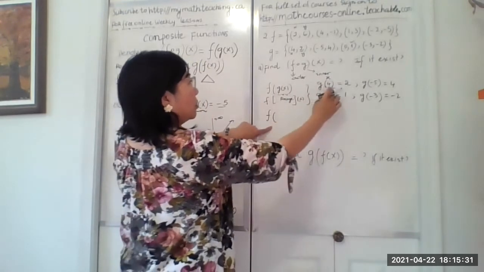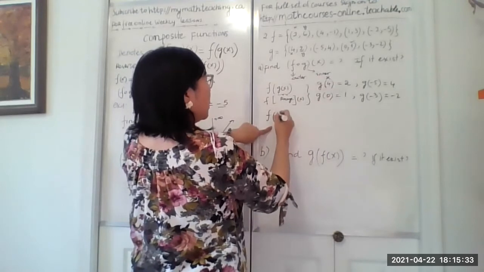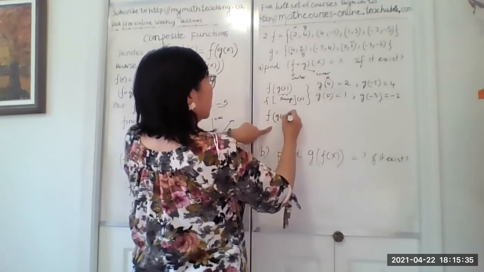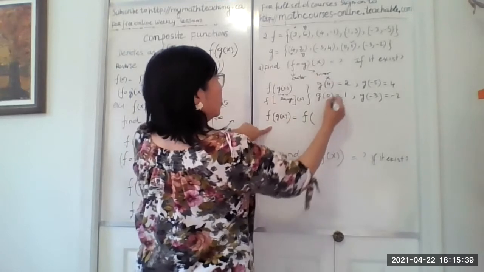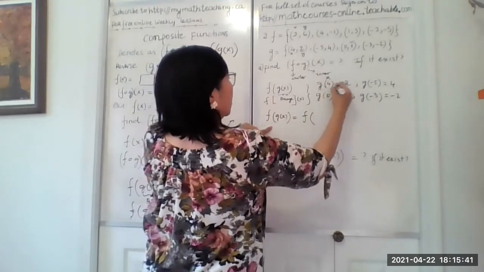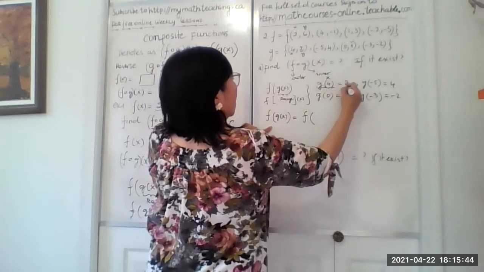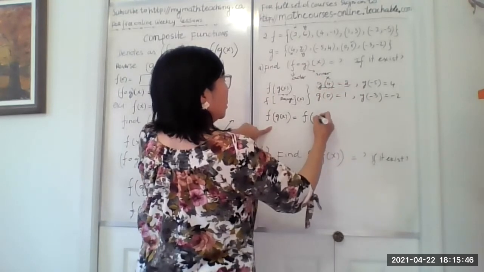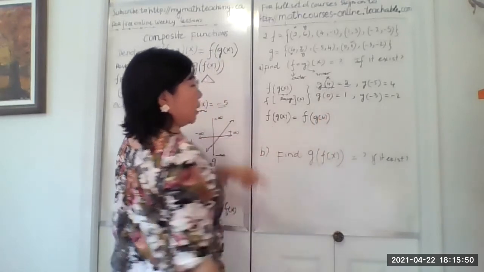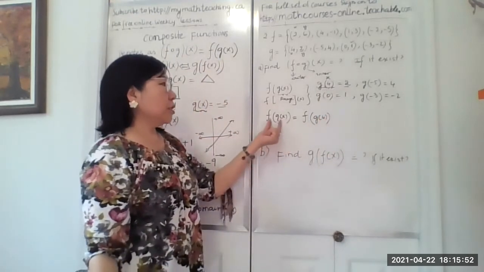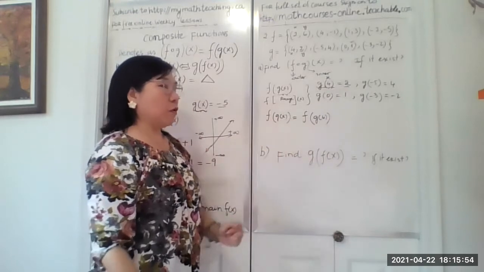So if you put f of g of x in here, you will substitute this as f of g of 4, right? You will substitute like that.